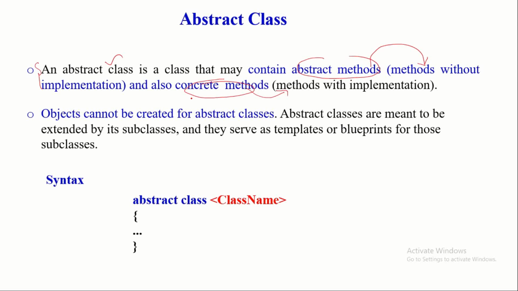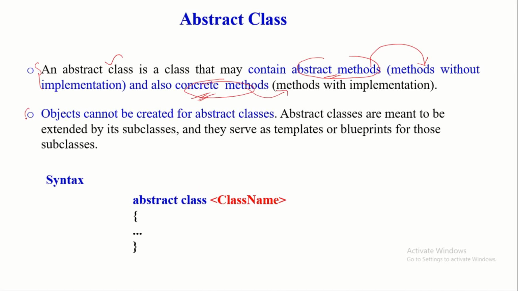But when concrete methods are included inside the abstract class, the definition may or may not be provided by its subclasses. It is up to the need of the derived class. The derived class may or may not provide the definition for the concrete methods, but for the abstract methods, the derived class has to provide the definition.